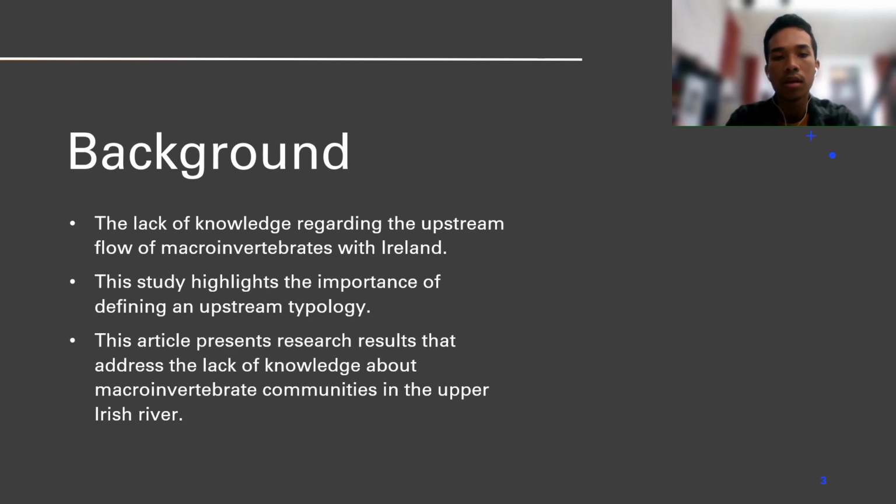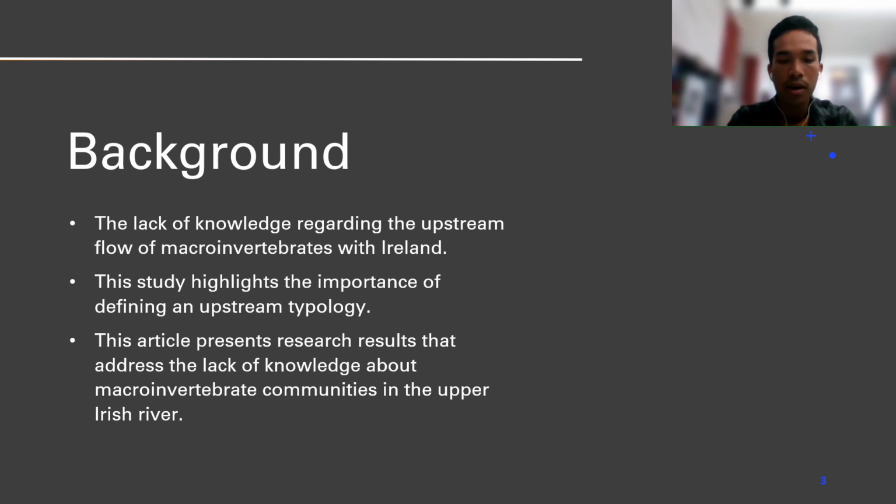The first is the lack of knowledge regarding the upstream flow of macroinvertebrates in Ireland, which makes the main aim of the study to describe the macroinvertebrate community of the 74 upstream sites, representing the geological and geographic range of focus in the river system, and to propose a typological classification of the upstream site groups identified using multivariate clustering and development group coordination, and to determine environmental factors associated with macroinvertebrate assemblages.